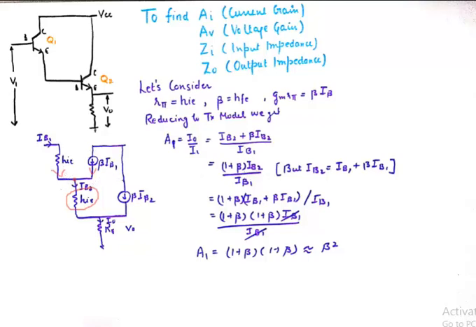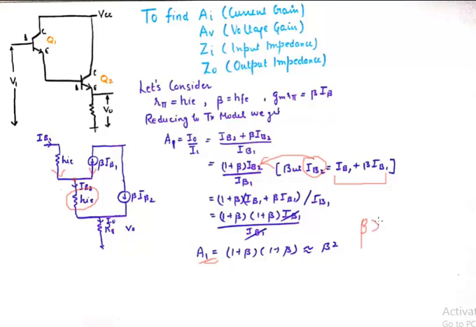So I can substitute IB2 as IB1 plus beta times IB1, and substituting IB2 here, I get 1 plus beta IB1 plus beta times IB1 divided by IB1. So what I get is my current gain to be equivalent to 1 plus beta into 1 plus beta.